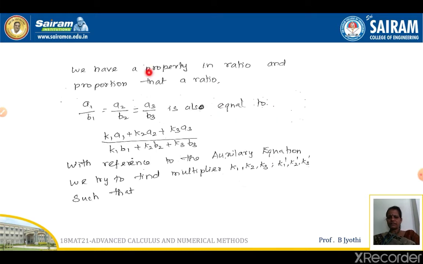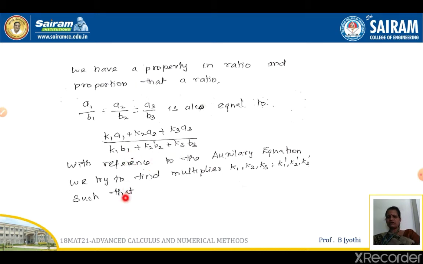We have a property in ratio and proportion that a1 by b1 is equal to a2 by b2 is equal to a3 by b3 is also equal to k1 a1 plus k2 a2 plus k3 a3 by k1 b1 plus k2 b2 plus k3 b3.